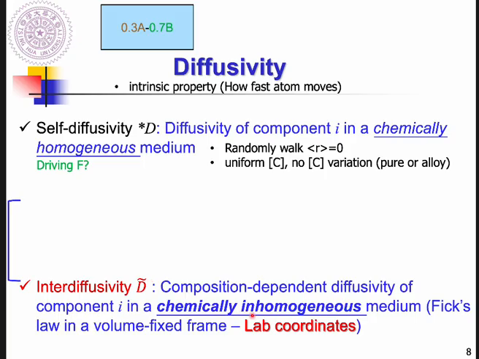Inhomogeneous means that the concentration distribution is not uniform inside this material. For example, we have one material bonded with another material. What happens if you heat these materials up or allow the interdiffusion to happen?